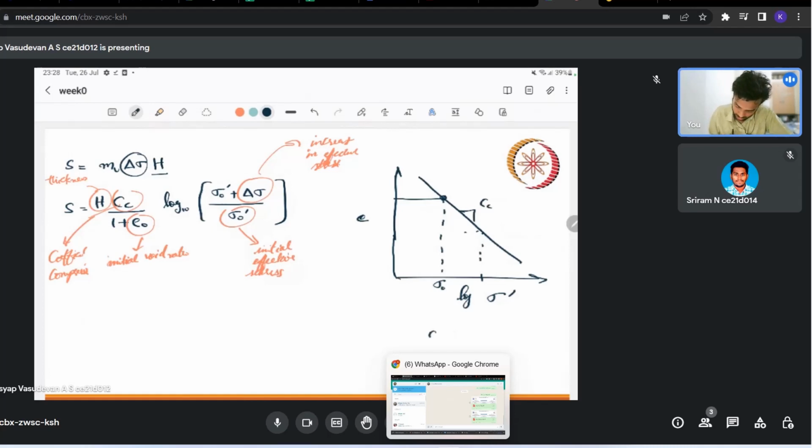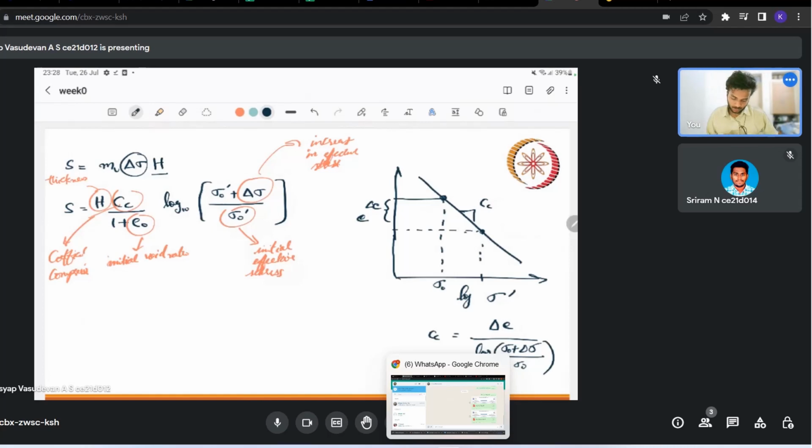If we write Cc, it will be delta e divided by log of sigma naught plus delta sigma by sigma naught.